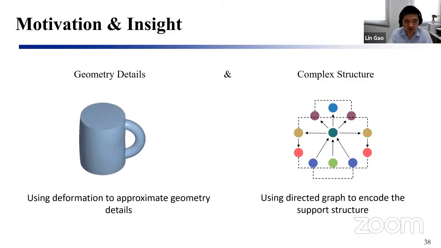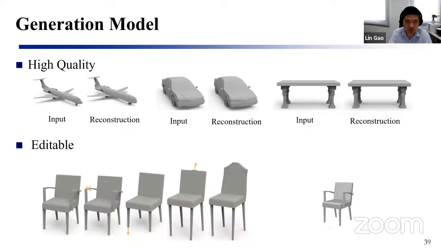So with this geometry representation and this structural representation, we could generate the 3D mesh model. Looking at this figure, we can find that the generated 3D mesh model has high visual quality. The geometry detail is very fine, and the mesh is smooth.